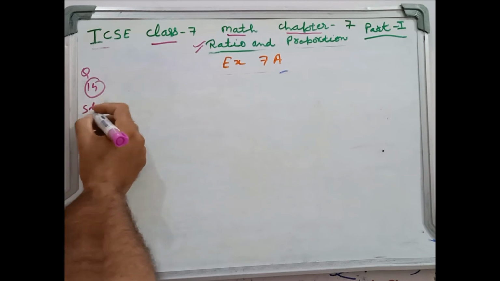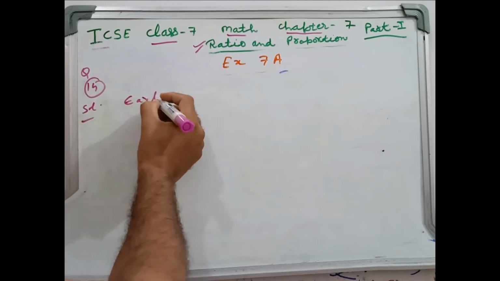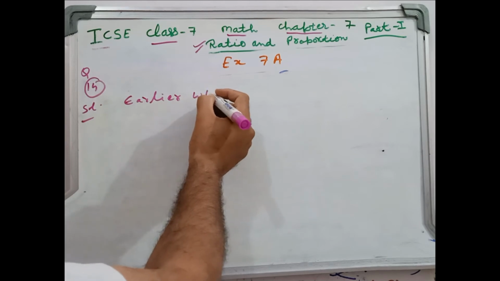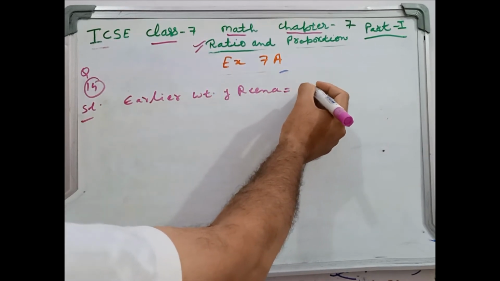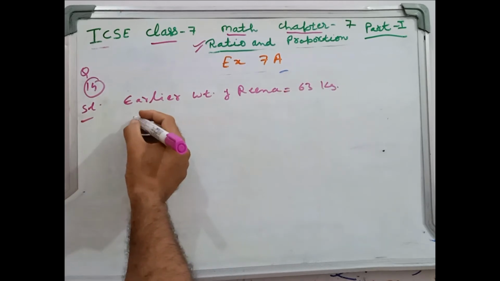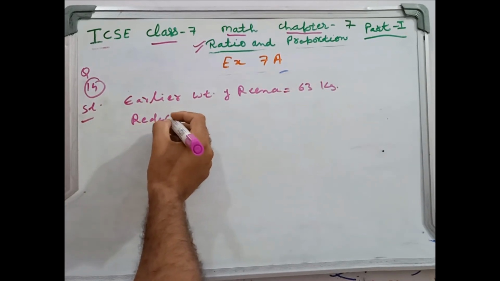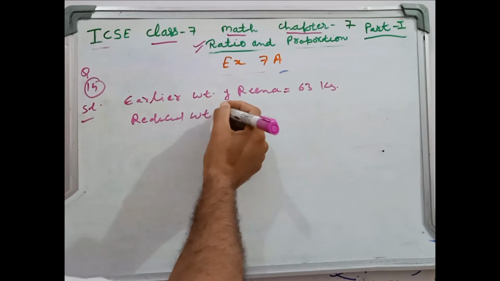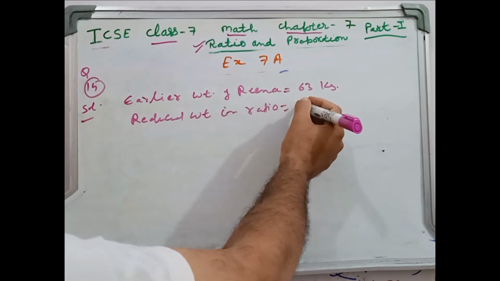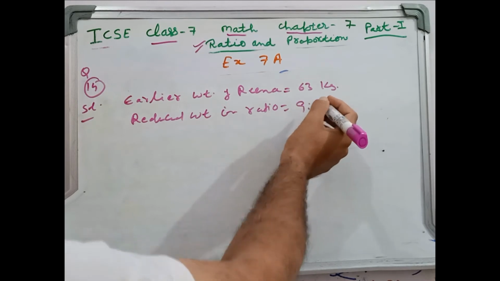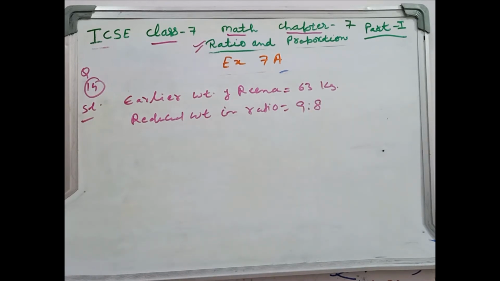So solution is: earlier weight of Reena 63 kg. Reduced weight in ratio is equal to 9:8. So here students, you need not go to the sum of ratio terms.